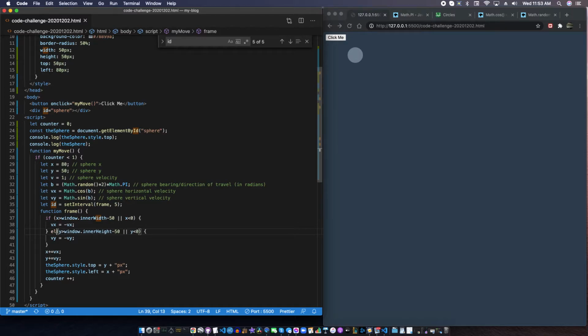I need to check for both conditions independently, because if I run this and it's traveling faster in the x axis and it bounces in one axis, it might forget to bounce in the other. Let me see if I can get this to glitch on me.